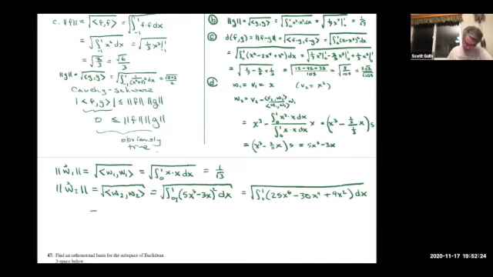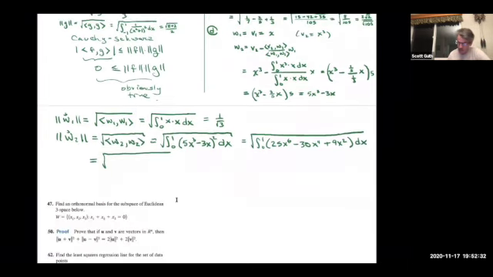So this will be the square root. I think I'm going to just do a lot of this in my head. So you're going to have 25x to the 7th over 7 from 0 to 1. So that's just going to be 25 over 7. The next one's going to be 30 over 5 x to the 5th from 0 to 1, which is 30 over 5, which is 6. So it'll just be minus 6. And then the next one, you're going to have 9 over 3 x to the 3rd from 0 to 1, which is just 9 over 3.